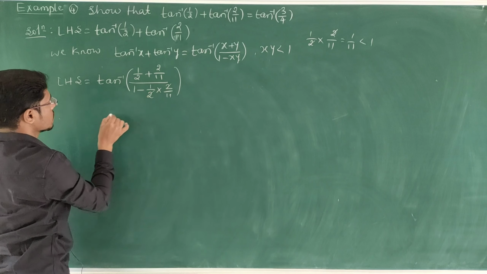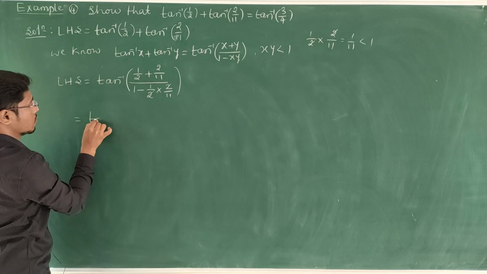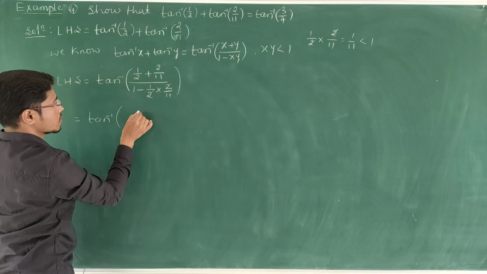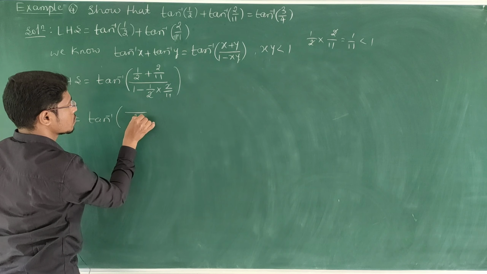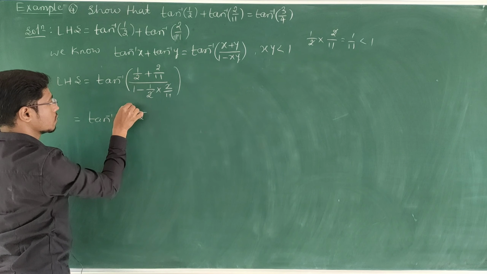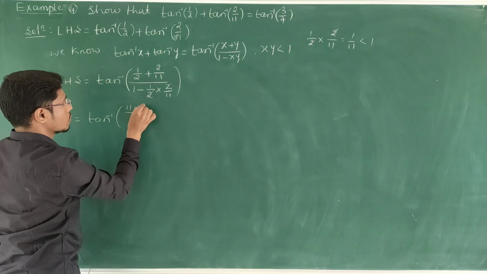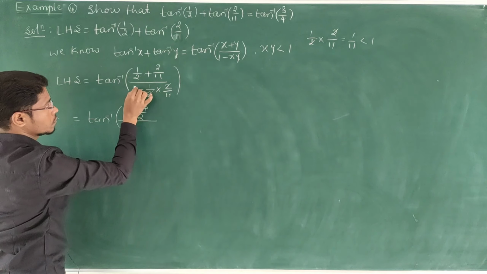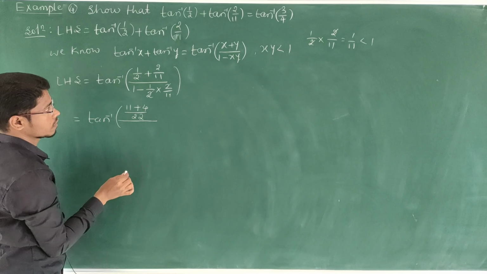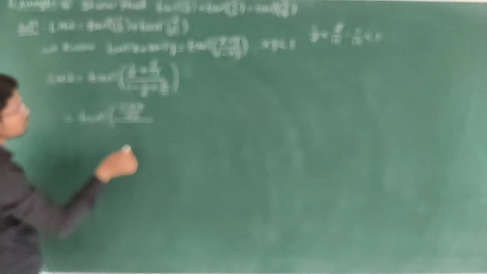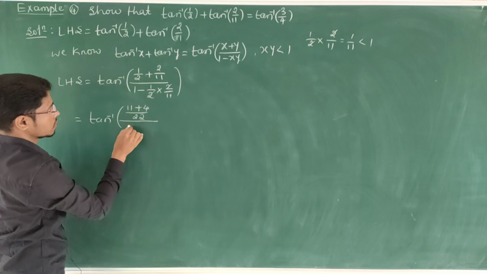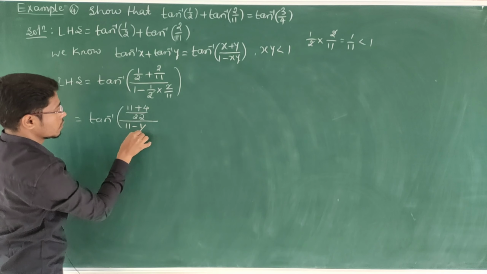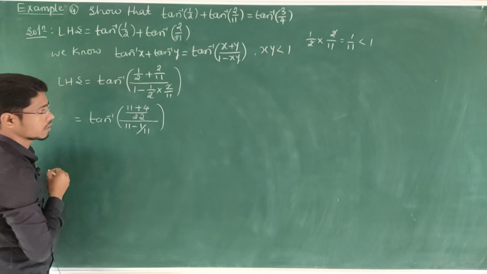So 2 gets cancelled. Tan inverse of, LCM is 22, 11 into 2 into 2 is 4, whole divided by 1 minus 1 divided by 11.